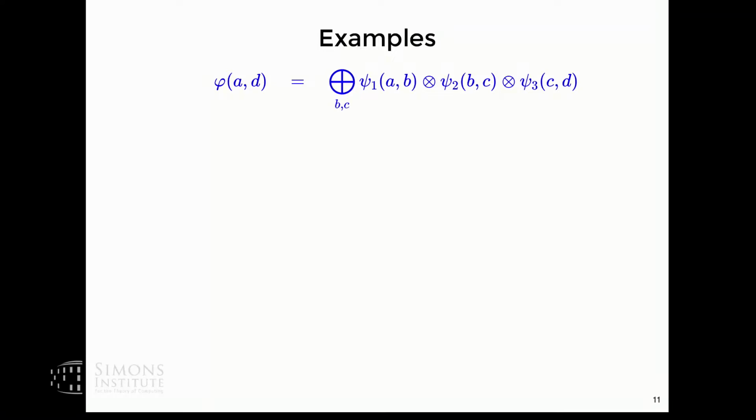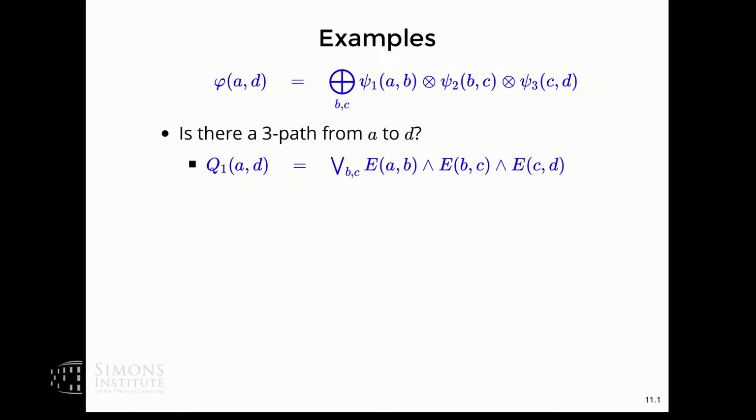Now, what exactly does this sum product query represent? It depends on what semi-ring we want to choose and what functions, psi1, psi2, psi3, we want to choose. So, for example, we can use this sum product query to encode the problem of detecting in a graph E which pair of vertices A and D have a 3 path that goes from A to D. In order to encode this problem using this SPQ, the function psi1 AB becomes the edge relation AB, which basically returns true if the vertices A and B have an edge and false otherwise.